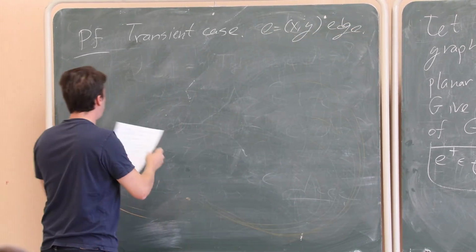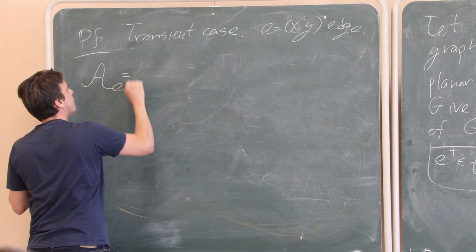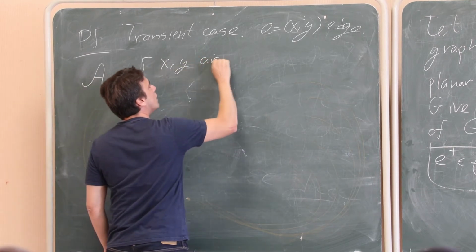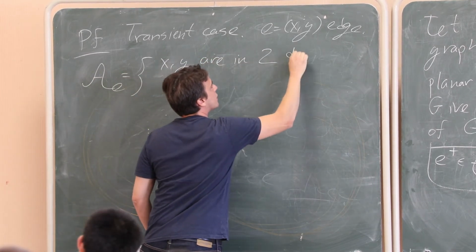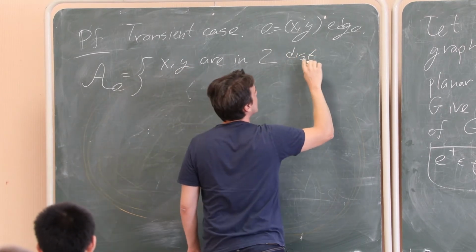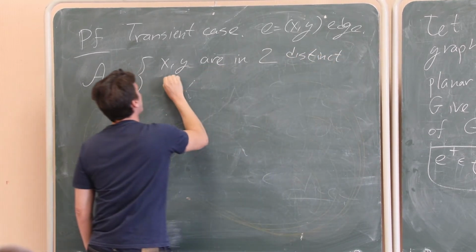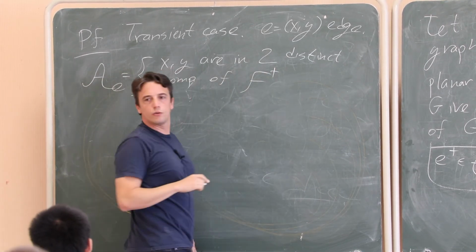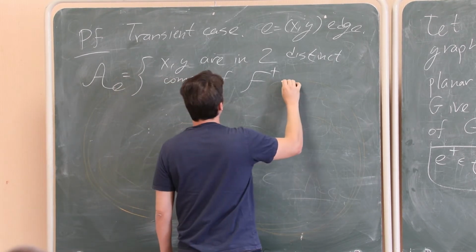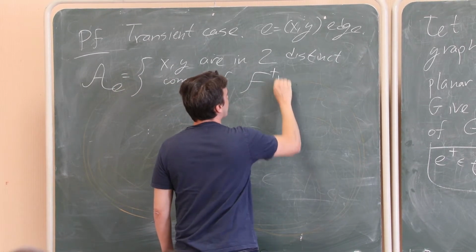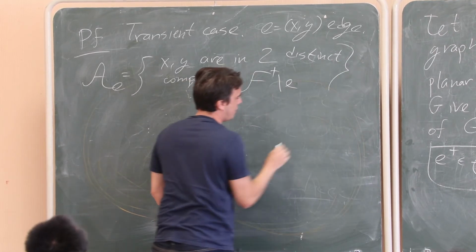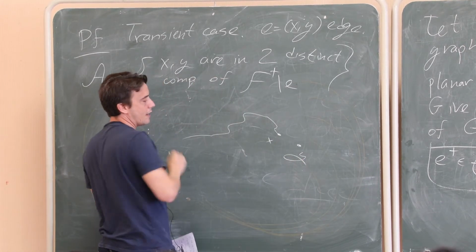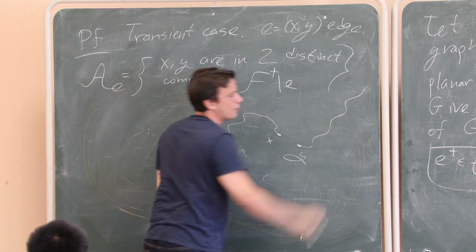And let A_E be the event that x, y are in two distinct components of F, the wired uniform spanning forest of G minus E. This is just the event that I have an infinite path going from x and an infinite path going from y.